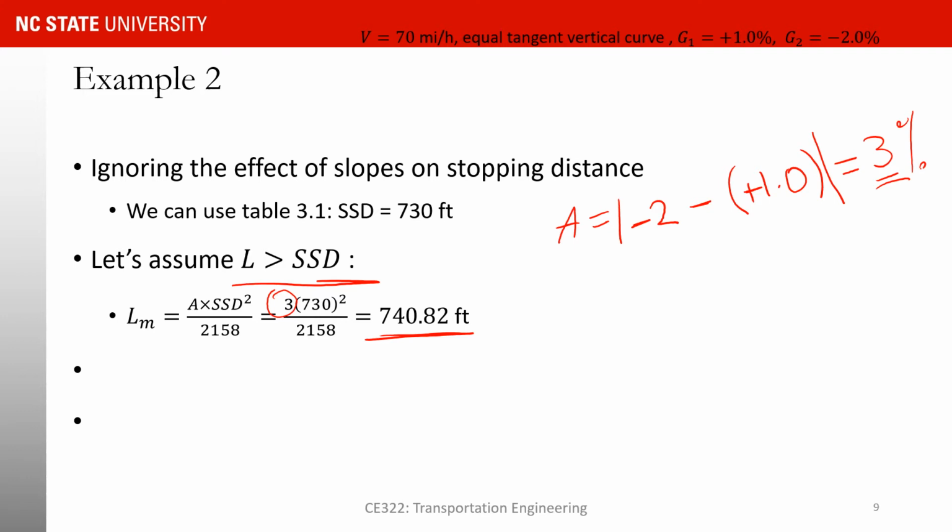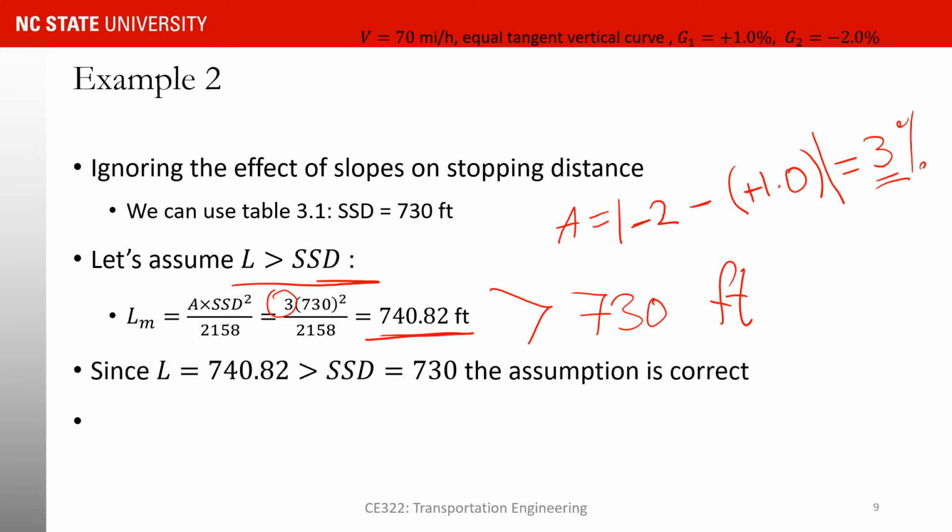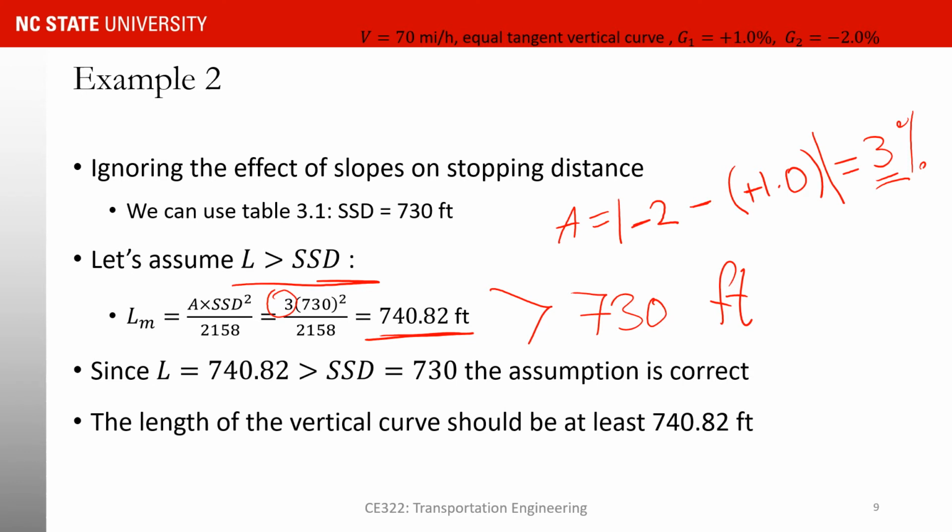You can see that this length 740 is more than 730 feet. So that means that the assumption that I made at the beginning is satisfied. So I'm good. So the length of the vertical curve should be at least equal to 740.82 feet.